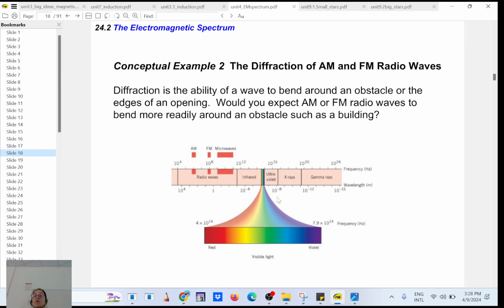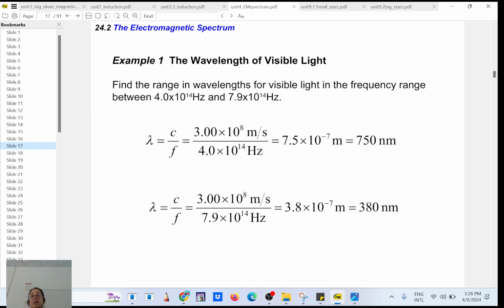Because remember, UV is dangerous. Why is UV dangerous? Because it has a small wavelength, and if it has a small wavelength, it can get into your skin. So small wavelength will be blue, large wavelength will be red. So it means that this one should be like blue or purple.